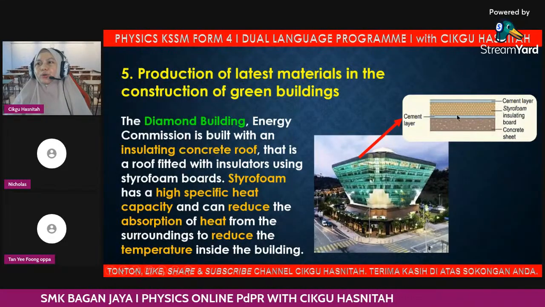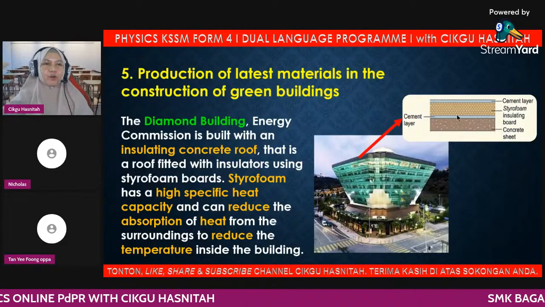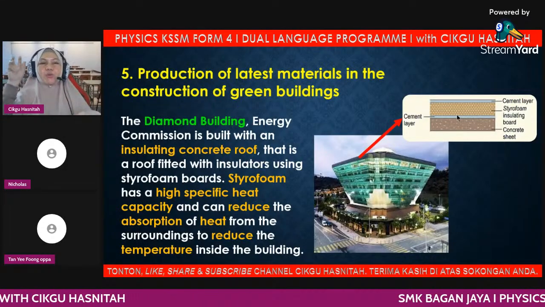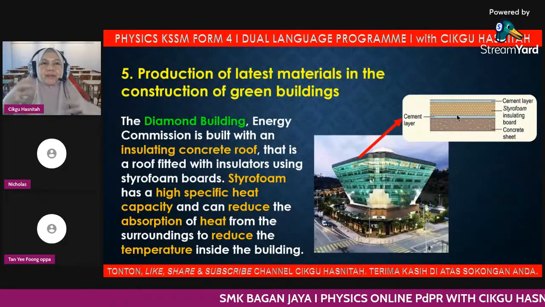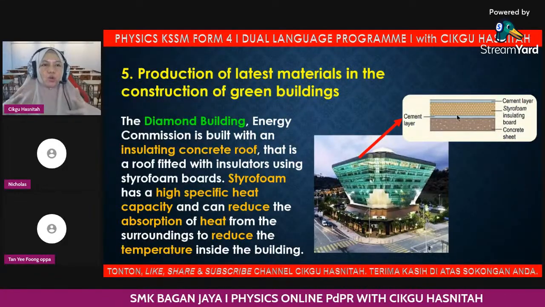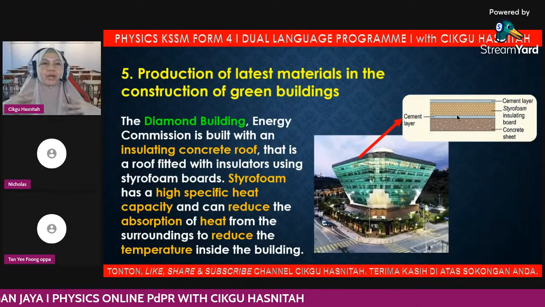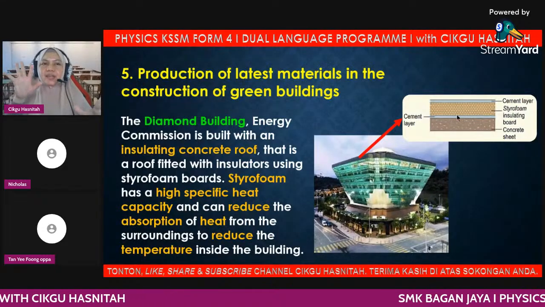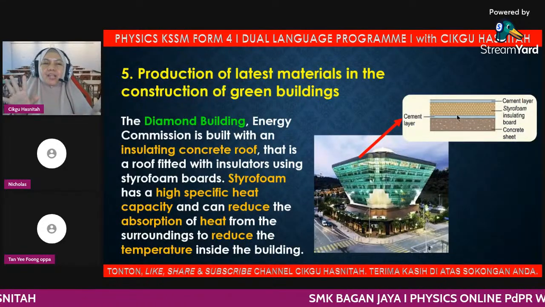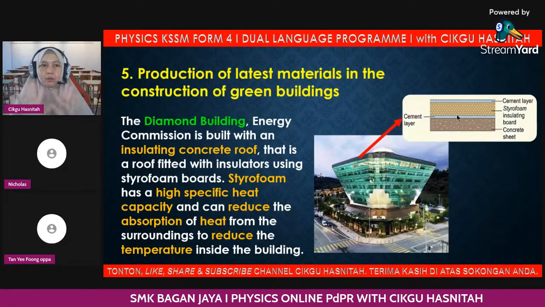This is to reduce the absorption of heat from the surroundings. When you are inside this building, you can feel that the temperature is very low. It is like there is an air conditioner, tapi dia tak perlukan aircon pun sebab they use this system. So the temperature inside the building is much lower compared to outside.